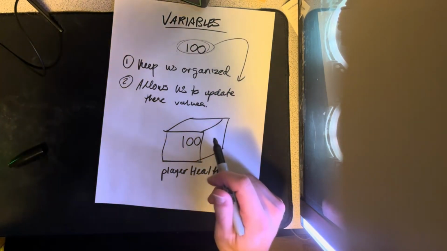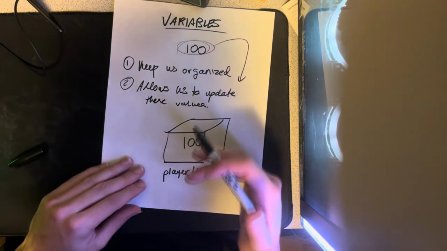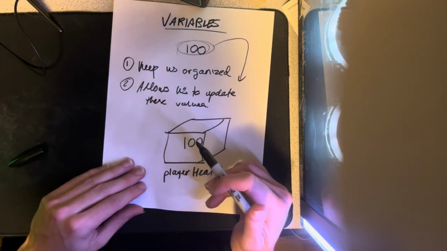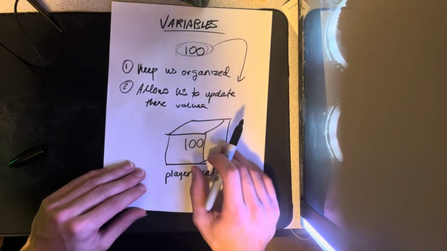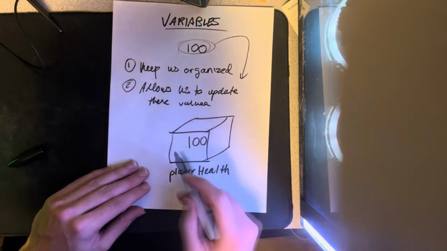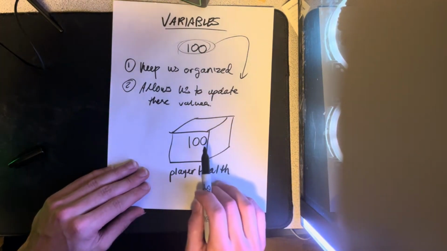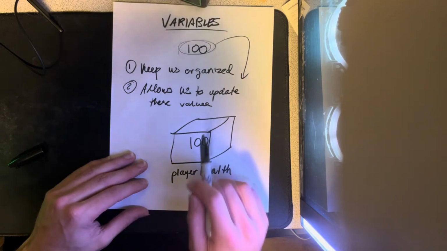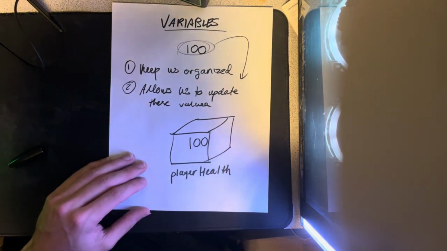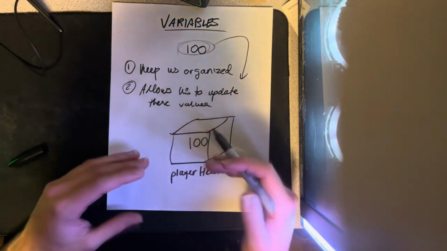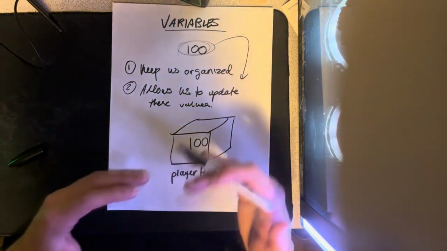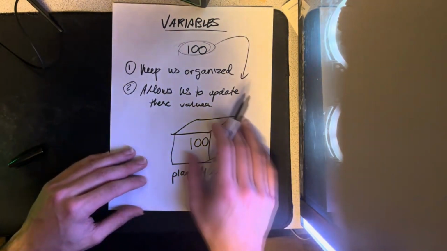So what's the purpose of that? Well, the programs that I like to code are pretty complex and pretty useful. Throughout the game, my player's health is not going to stay at 100. He or she might take damage, they might get armor, they might have potions, yada yada. The player health is always fluctuating.